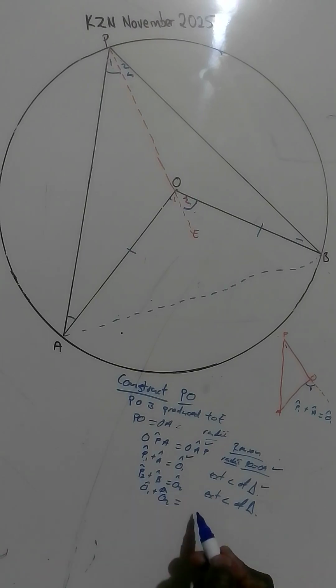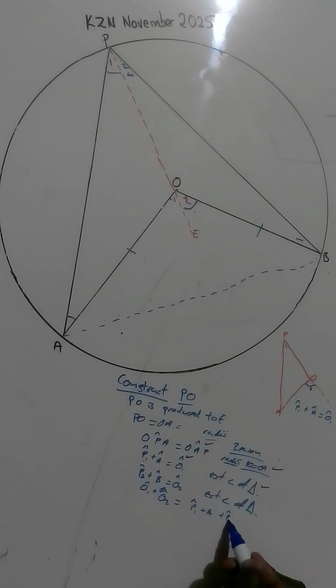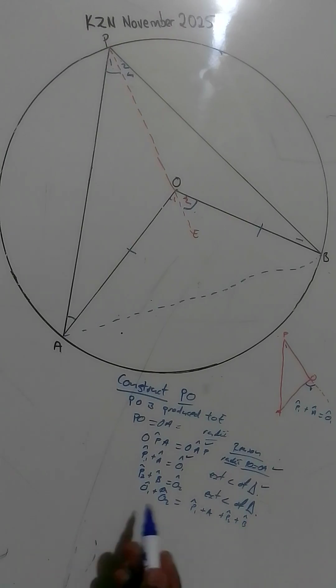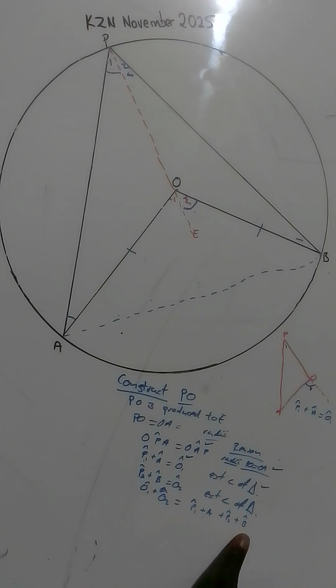Now I take this angle P1, I say angle P1 plus angle A plus angle P2 plus angle B. We are now saying that angle O1 plus angle O2 are equal to angle P1 plus angle A plus angle P2 plus angle B. We are saying that all of them are equal.